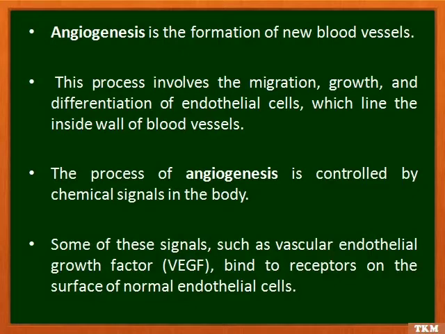This process involves migration, growth, and differentiation of endothelial cells, which line the inside wall of blood vessels. And this process is controlled by chemical signals in the body, such as vascular endothelial growth factor (VEGF) that bind to receptors on the surface of normal endothelial cells.